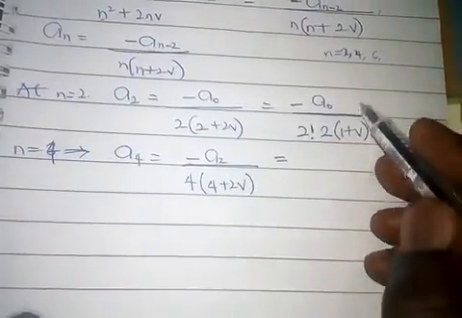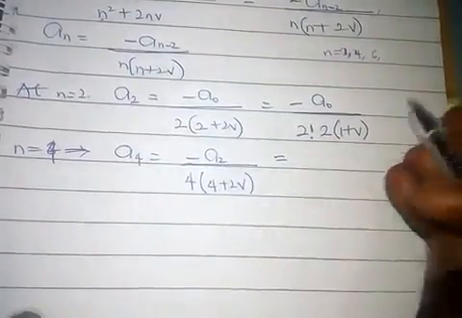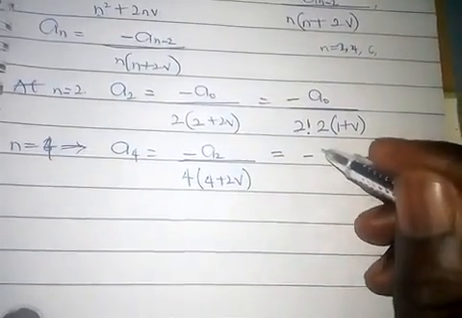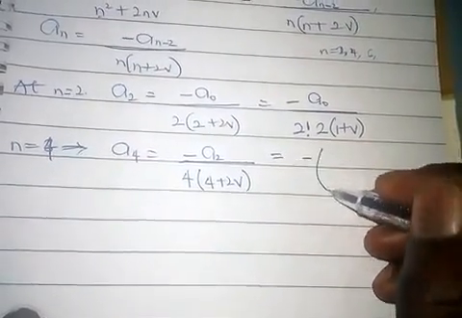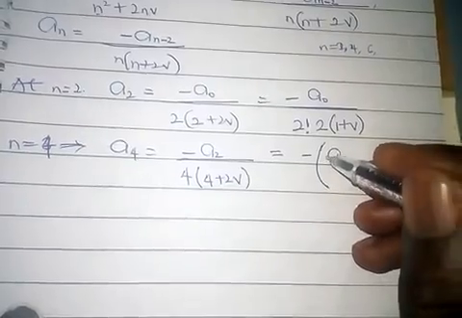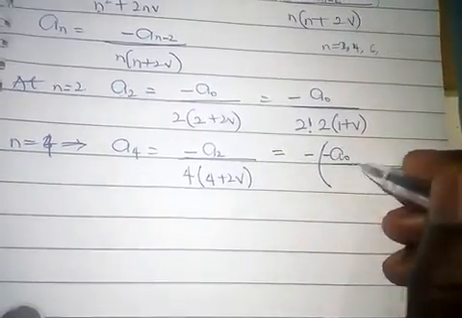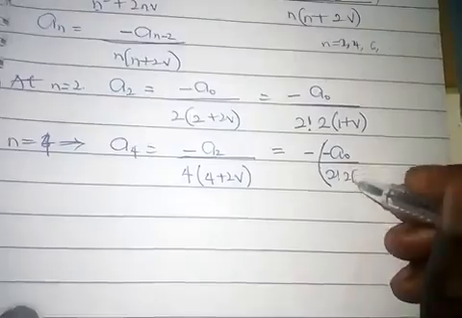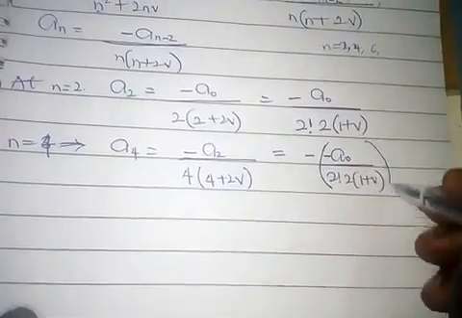This is the whole of a_2, so we replace it: minus a_0 over 2 factorial 2 (1 plus v), this is a_2.